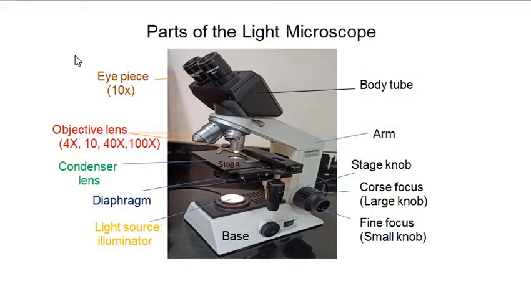Now we discuss here the parts of the light microscope. The primitive microscope had a limitation in magnifying little things to a greater level, and the earliest microscope had poor resolution and low magnification.